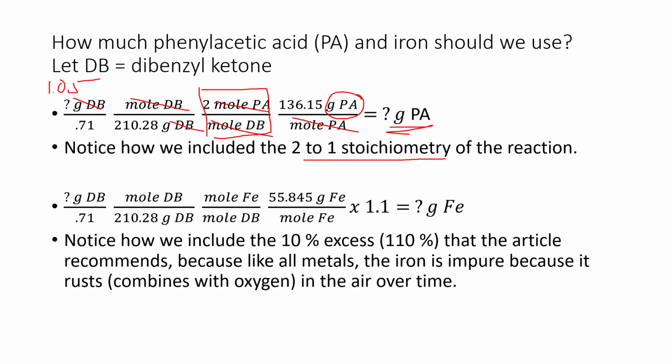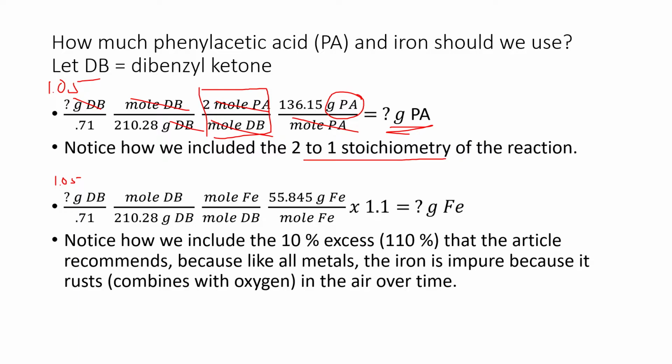Now what about iron? It's the same thing. Let's say we want 1.05 grams of dibenzyl ketone. We first need to figure out how many moles this exactly is. So we take our 1.05 grams, divide it by 0.71 to get the true value, the 100%.